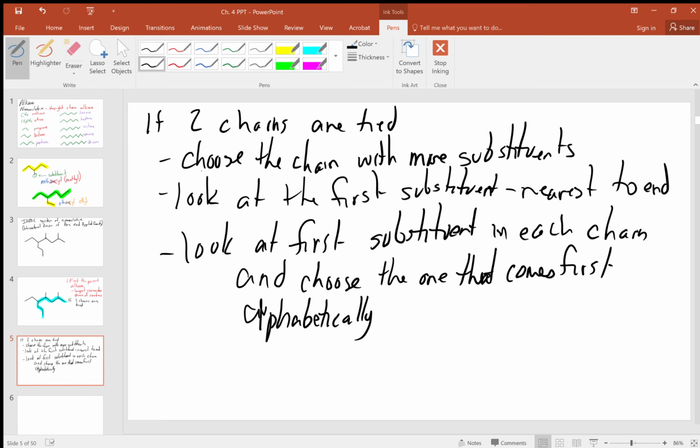If those are the same, we'd go on to the second substituent, to the third substituent, and all the way until we run out of substituents.